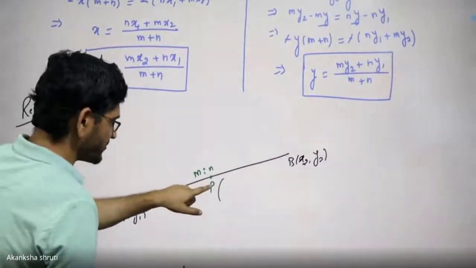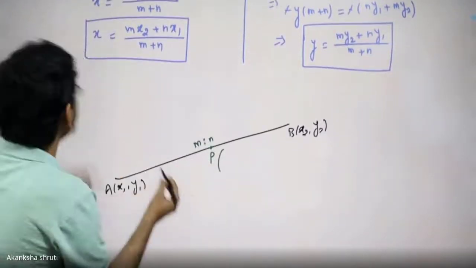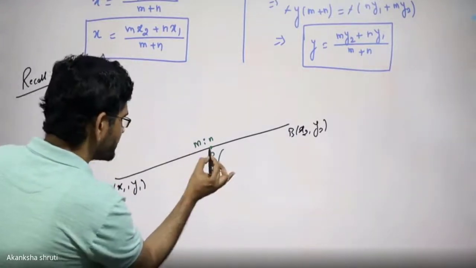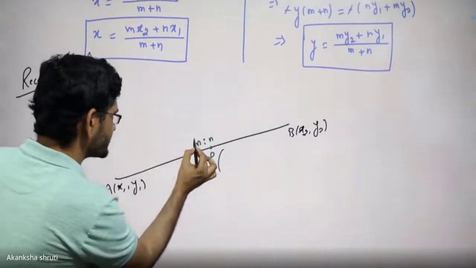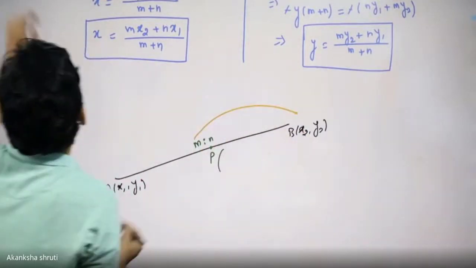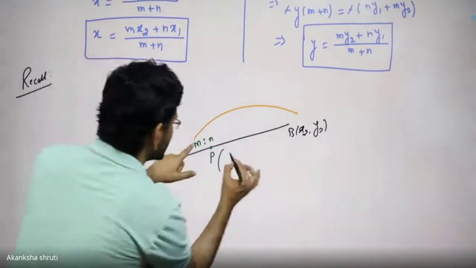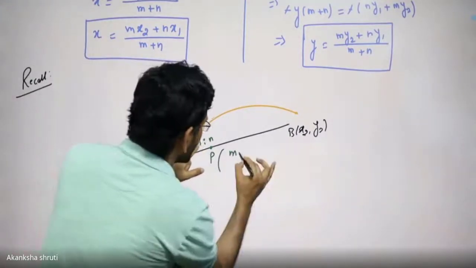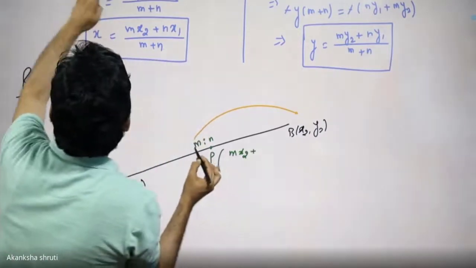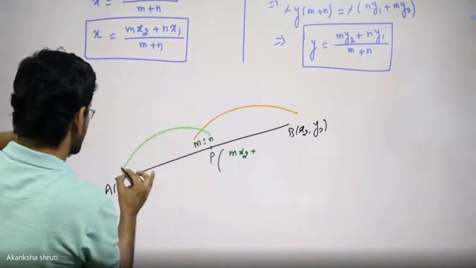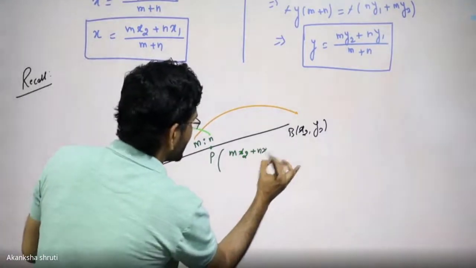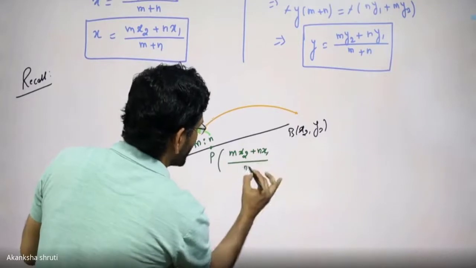So for the x coordinate of this P, keep in mind we have to start with the ratio which is toward A, and we have to go on the other side. So the x coordinate is given by m x2 plus n x1, divided by m plus n. Start with this side, go on the other side.